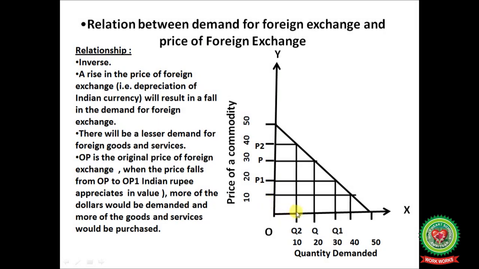With the increase in the price to P2, the demand for foreign exchange is Q2. When the price is P2, or you can say at 40 price of foreign exchange, demand is 10, and when the price falls from P2 to P, the demand for foreign exchange increases from 10 to 20, or you can say from OQ2 to OQ.